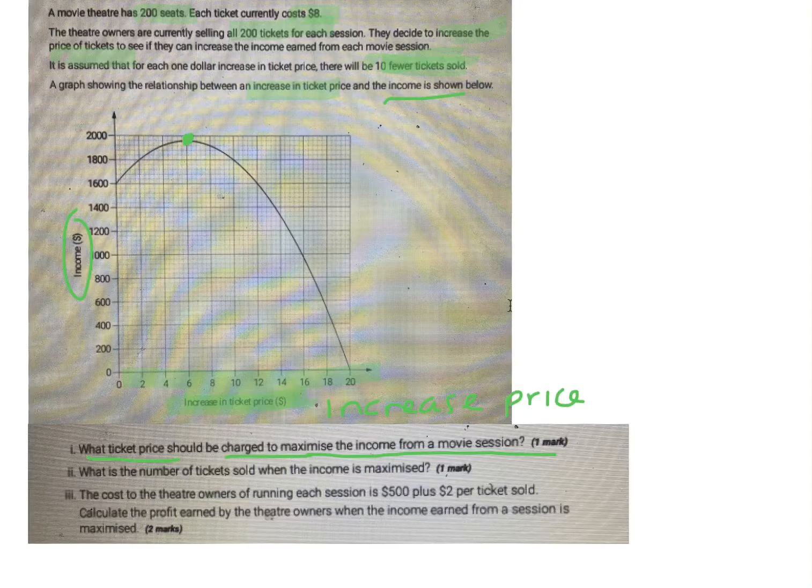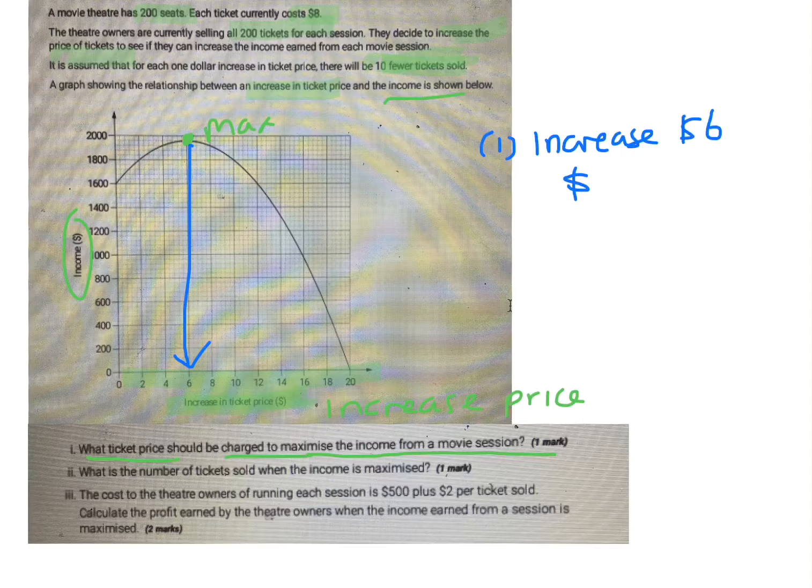If you want to maximize the income, that would be the maximum there. That's the maximum income, so that means there would be an increase of $6. What do you think you would charge? At the moment we are charging $8, so if you increase it by 6, you end up charging $14.